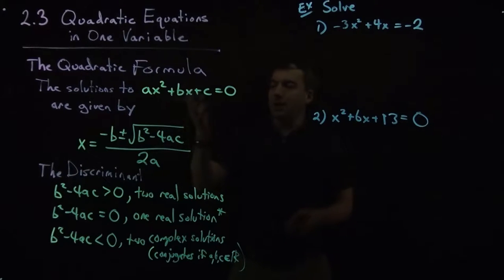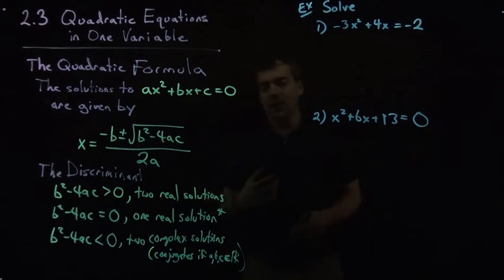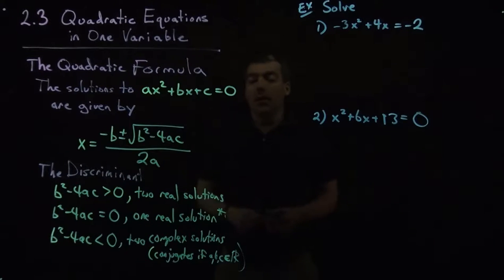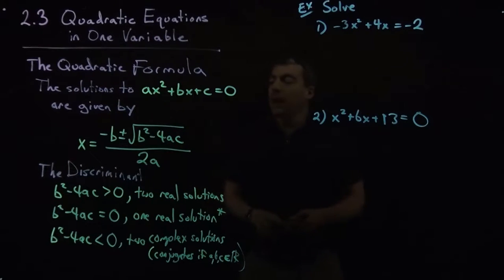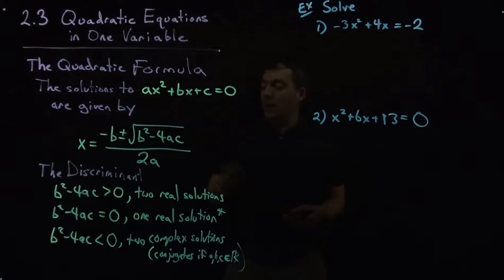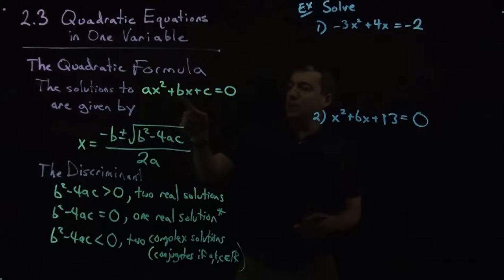Well, it might be easier, as we saw in the previous videos, to maybe factor or use the square root property. But otherwise, we can use this. All right, so let's go through it. If you have a quadratic equation given in the form ax squared plus bx plus c equals 0, it's very important that it is in this form.